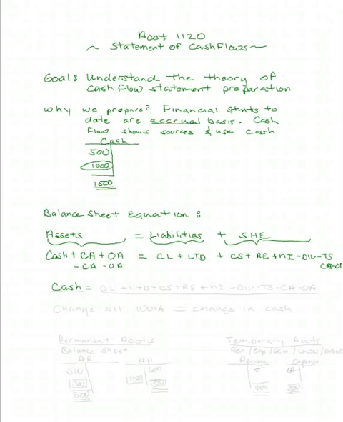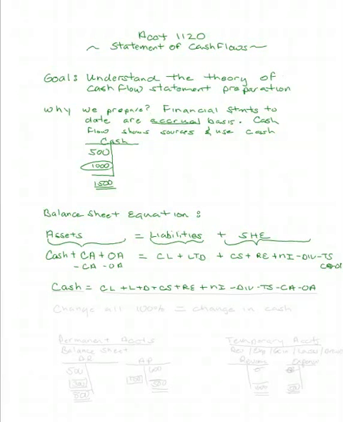Current assets and current liabilities have been effectively moved to the other side. So we have current liabilities, long-term debt, common stock, retained earnings, net income, minus dividends, minus treasury stock. We subtracted current assets and other assets from this side. What I've done by rewriting the balance sheet equation is isolate cash.